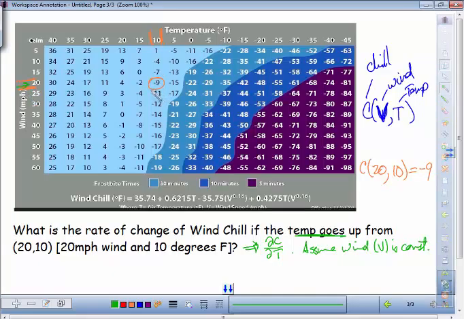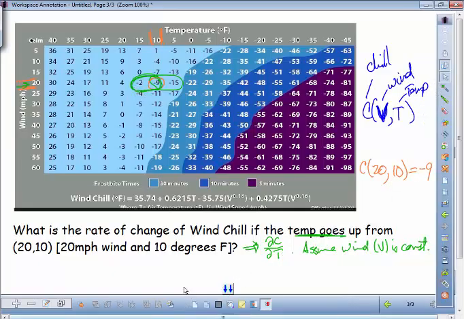And what you're going to do is find the rate of change when the temperature goes from 15 to 10, or the temperature goes from, oh, I want the temperature to go down, sorry. Goes down.